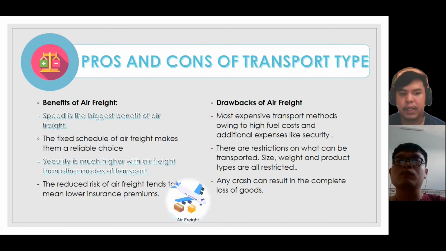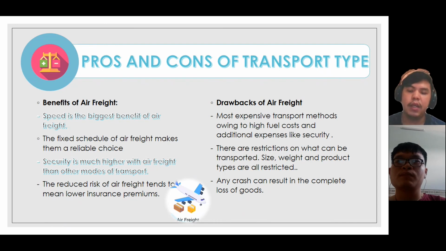Security is much higher with air freight than other modes of transport, which means your goods have lower chance of being damaged when transporting. And the reduced risk of air freight tend to mean lower insurance premiums, which mean lower costs.